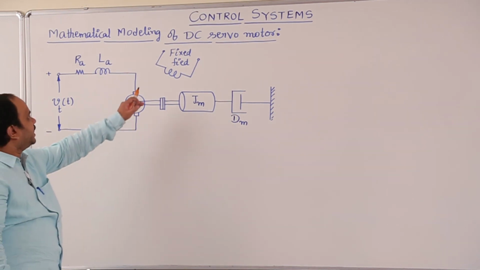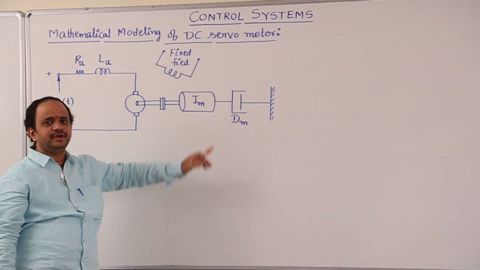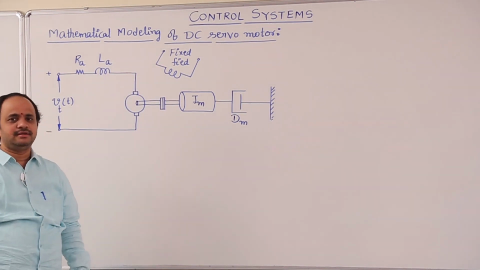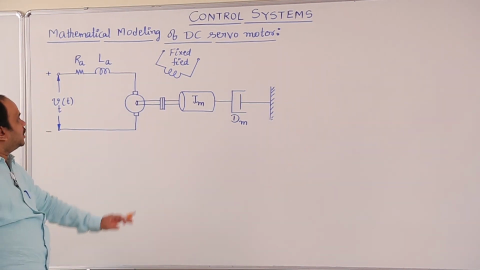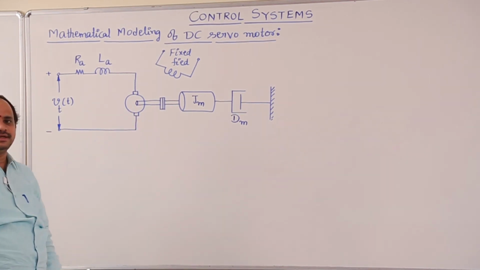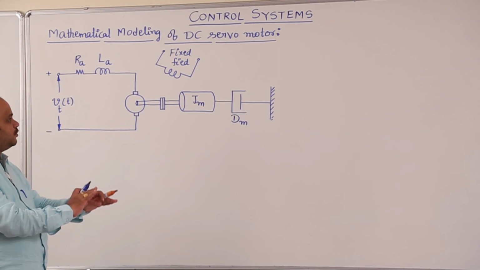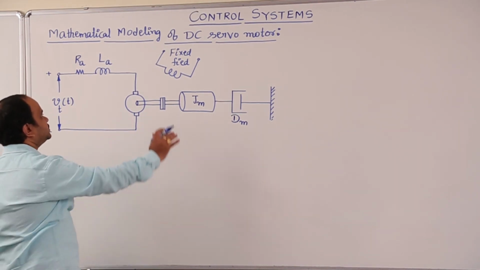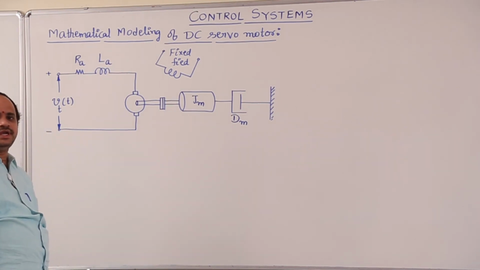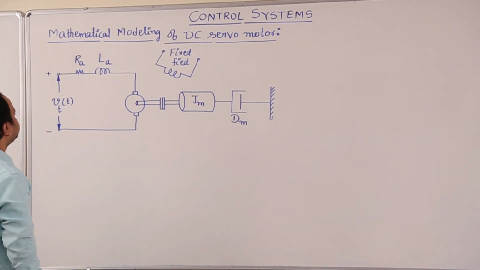In case of electromagnets, if the magnetic field is fixed or field current is maintained constant with separate excitation, we can also consider this machine as a separately excited DC motor. So for this discussion, we consider the field is fixed, in other words, field current is a constant.